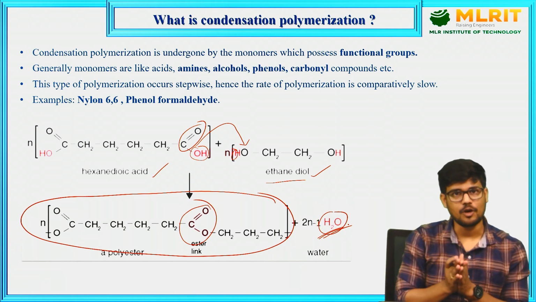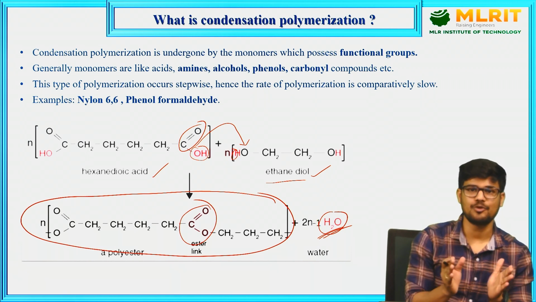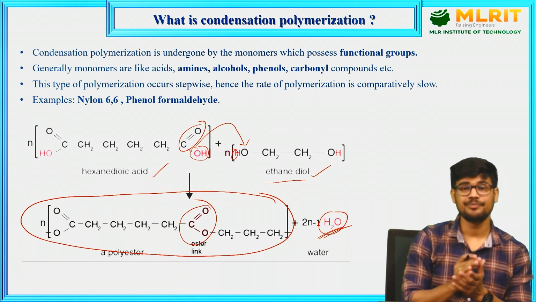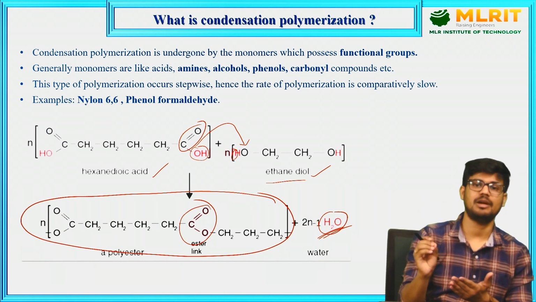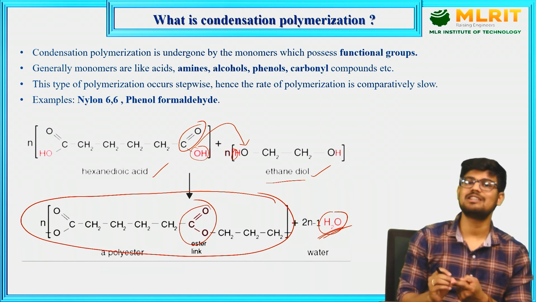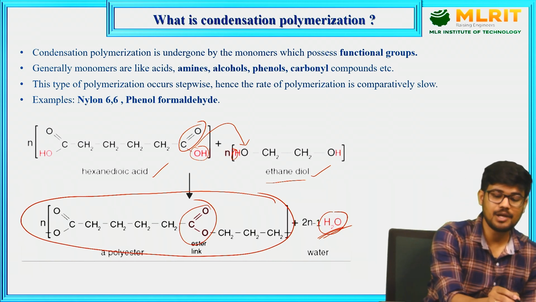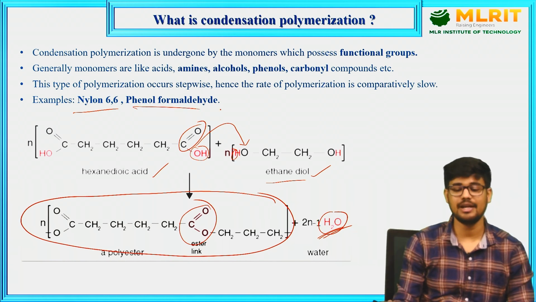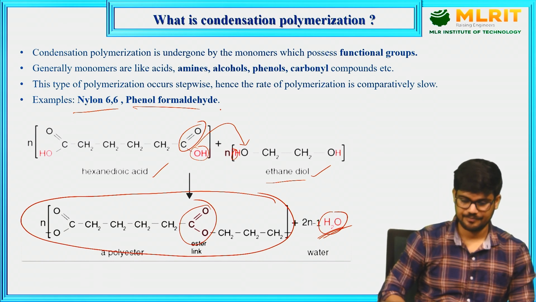If you see the polymerization technique, in case of addition polymers, there will be no side product. But if you consider condensation polymerization, there must be one byproduct. It may be water, it may be other small molecules. Examples of condensation polymers are nylon 6,6 and phenol formaldehyde.